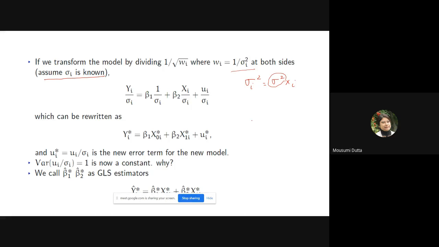So basically, this is the weight. So once I get this weight, I'm transforming the model.